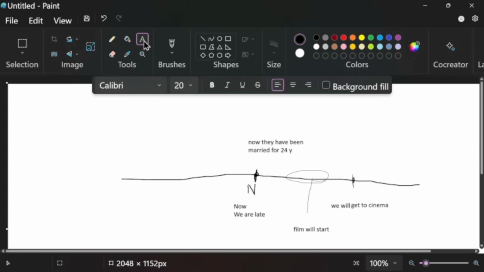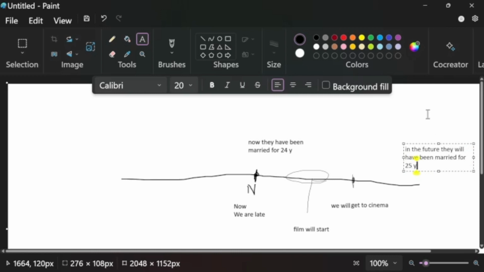Now in the future, let me put in the future, they will have been married for maybe, let's say, 25 years. Okay, they will have been married. Not they will marry, right? Because they have already married in the past. Not they will marry. Not they will be married.